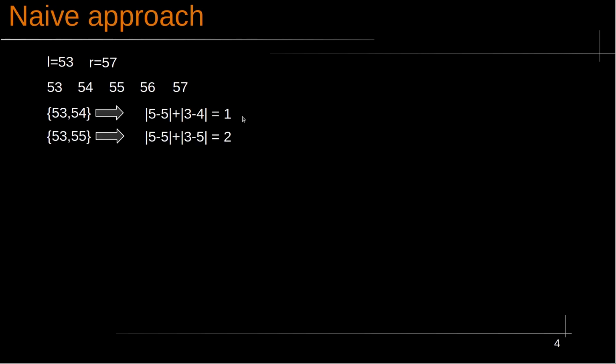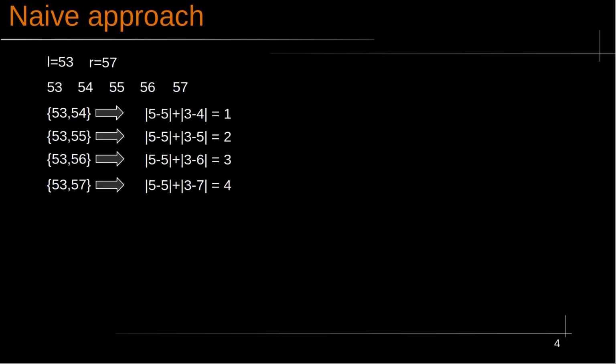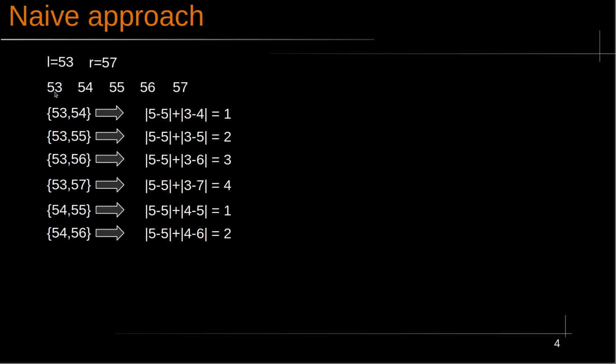We can pick 53, 55. We're going to have 2. 53, 56. 53, 57. Until here, as you see, we have 4 possibilities from 53. And we're going to 54 now. 54, 55. 54, 56. 54, 57.